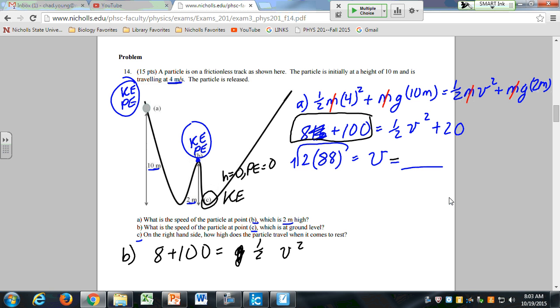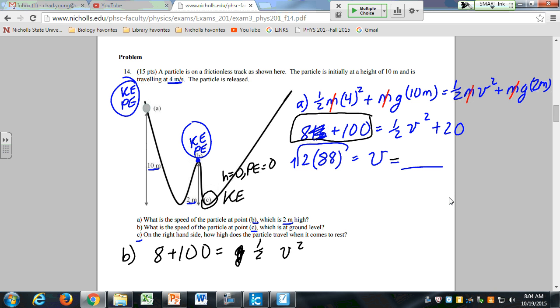You see what I did there? I skipped a couple steps. I wrote mgh plus 1/2 mv squared equals 1/2 mv squared. The m's all canceled out, and then I'm just left with this here. This is 8 plus 100, equals 1/2 mv squared.